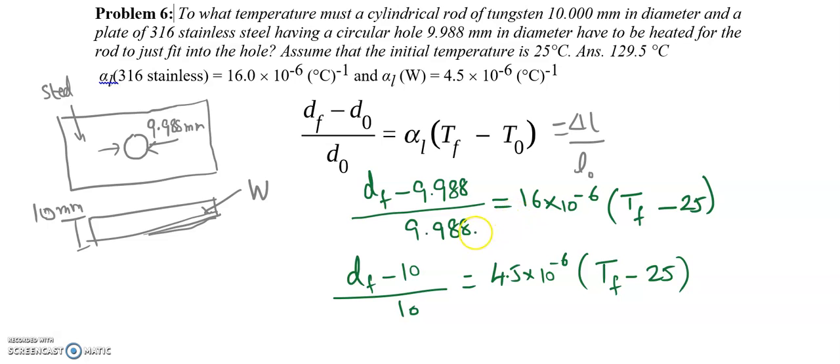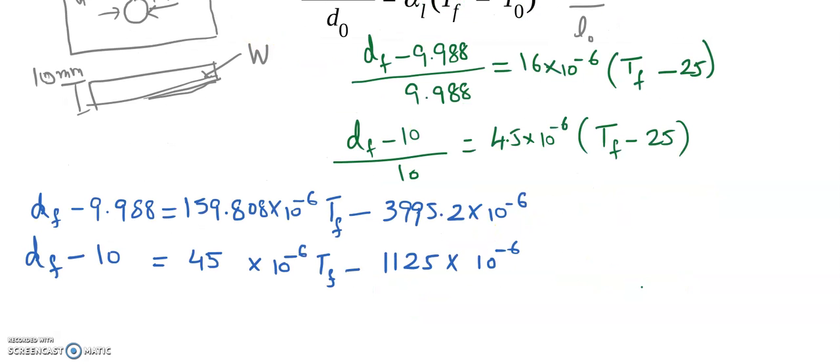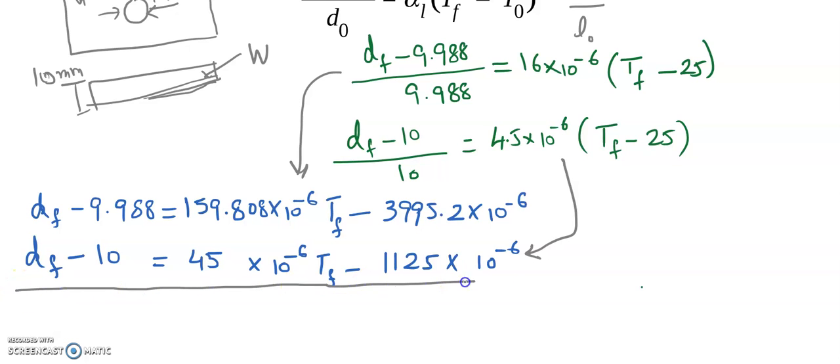So the equations simplify into these equations. Now I can subtract the second equation from the first equation. So DF cancels with DF. This will be 0.012.